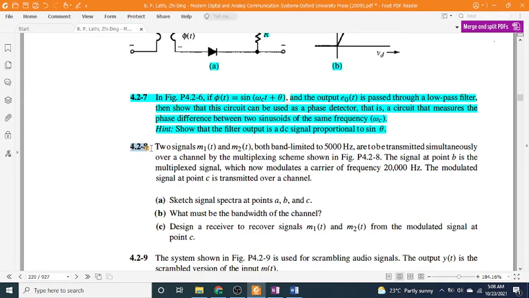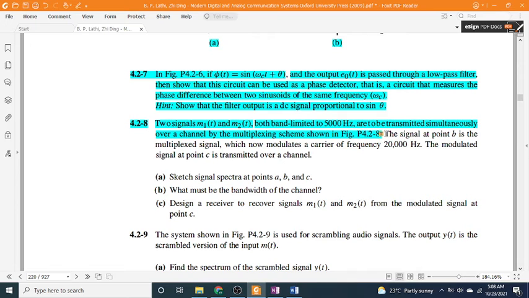Problem 4.2-8: two signals m1(t) and m2(t), both band limited to 5000 Hz, are transmitted simultaneously over a channel by the multiplexing scheme shown in Fig. P4.2-8. The signal at point B is the multiplexed signal, which now modulates a carrier of frequency 20,000 Hz.